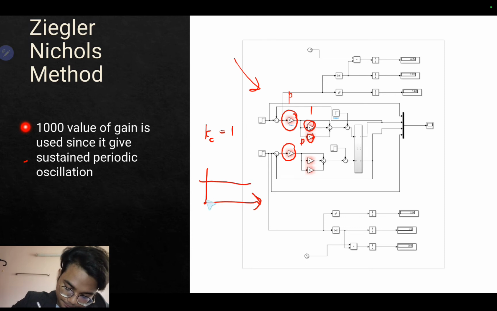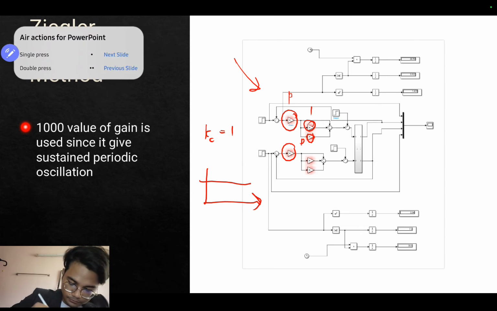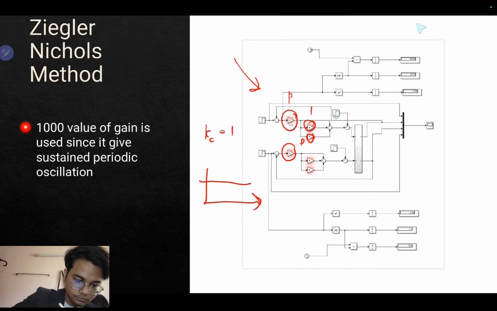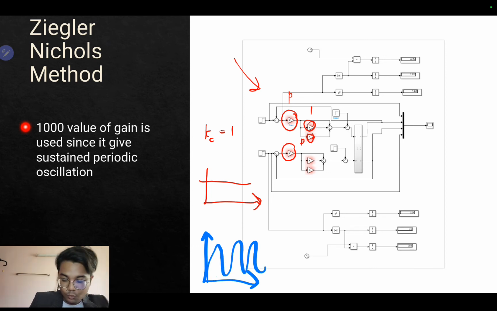This is the set point. For example, we got oscillation. Once it gives a consistent or constant oscillation, that Kc value will be our Ku value.